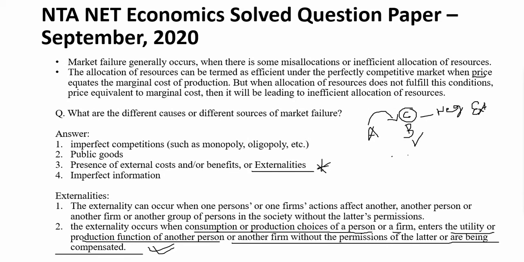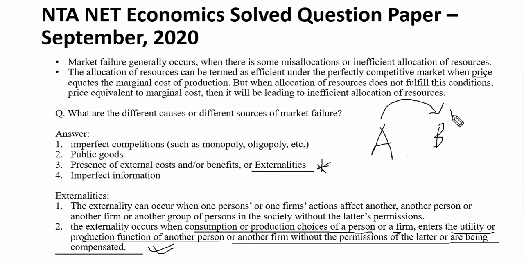Now, suppose there are two farms, similarly A and B. A is providing some benefit to B, but B is not paying for that. So B is getting the benefit without incurring any cost. This will be called positive externality. Fine. So this is the idea.